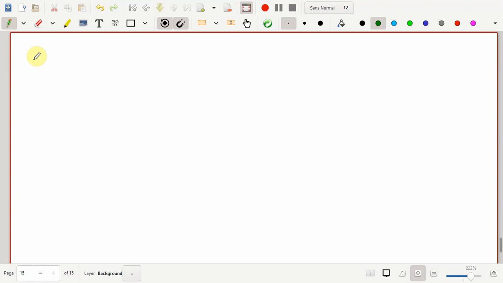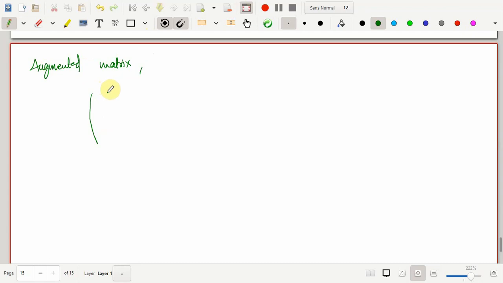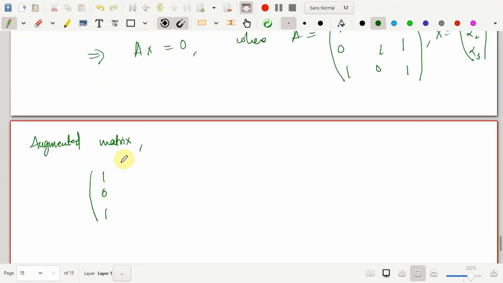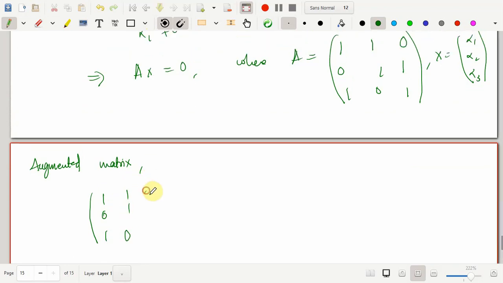For that I need to consider the augmented matrix. The augmented matrix is given by, in this case it's the same as A: 1 0 1, 1 1 0, 0 1 1.